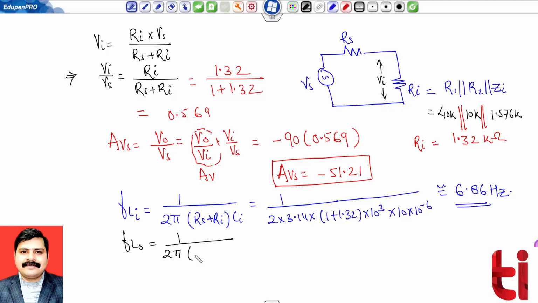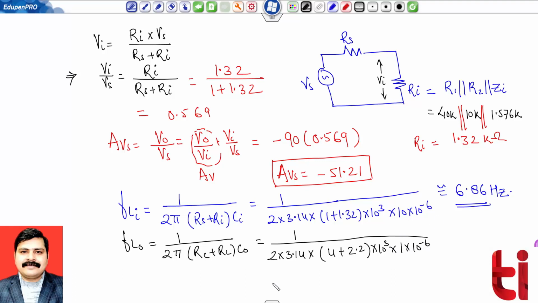So 2 pi Ro, and now Ro will be my RC plus load resistance RL times Co. So 1 upon 2 into 3.14 into 4 plus 2.2 into 10 raised to power 3 multiplied by the output capacitance, and output capacitance was given as 1 microfarad, so 1 into 10 raised to power minus 6, and its value is approximately 25.68 hertz.